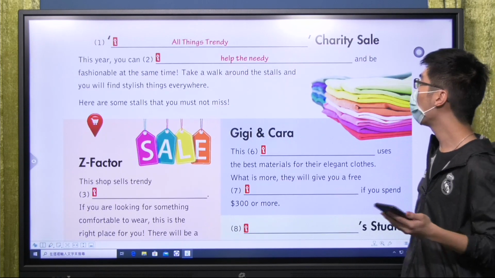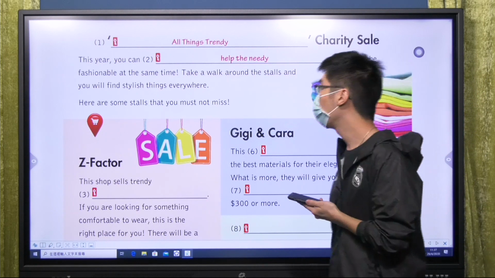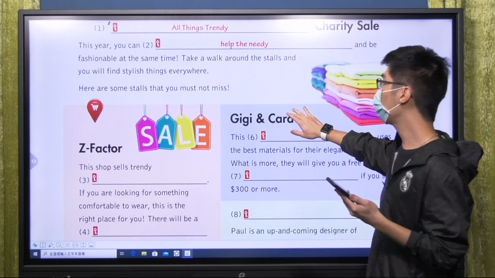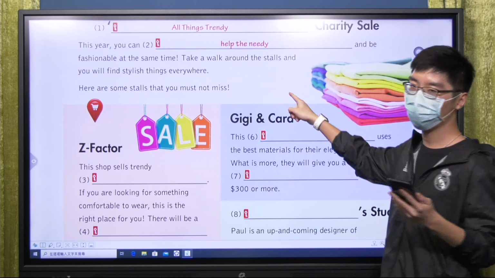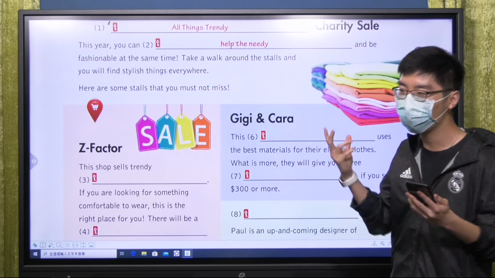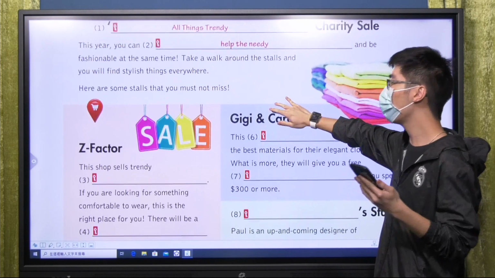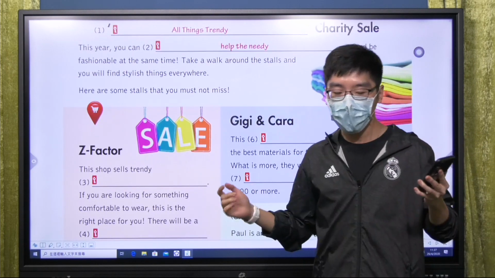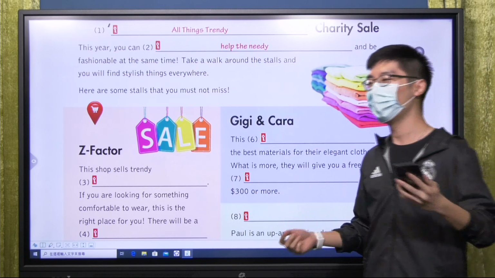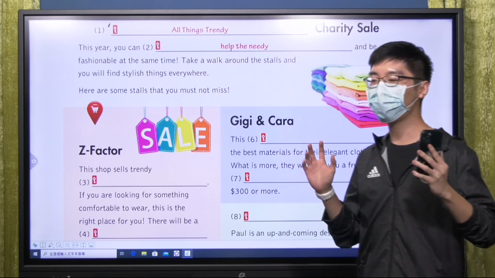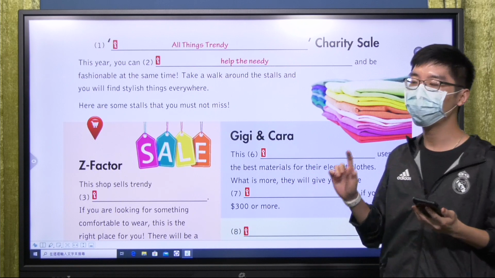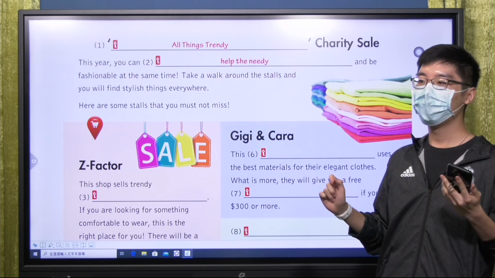And then take a walk around the store and you will find stylish things everywhere. Just easy, just copy the information from the data file. So you need to read the data file carefully. Also, please don't say, oh, Mr. C, I can't find the answer, how can we write it down, oh, it is so hard. So just be patient and look carefully at the content of the data file and you can find some answers.